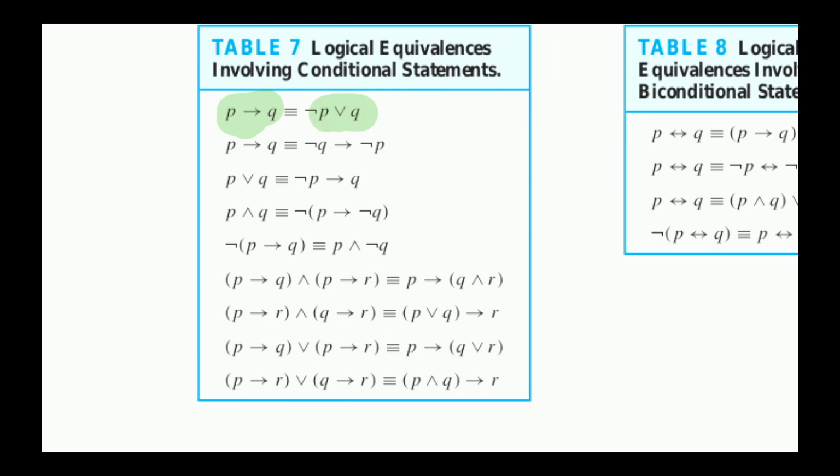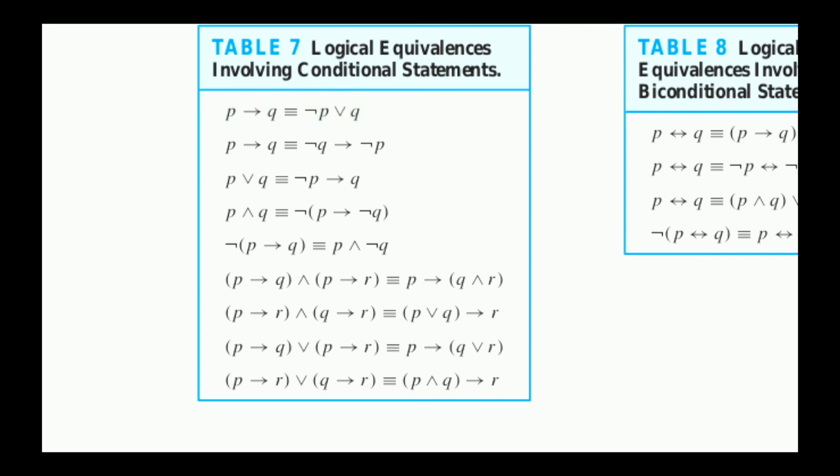So you can turn conditional statements into ands and ors, and of course you could go back the other way if you need to. And so that's what these are mostly about, is turning conditional statements like this into statements that don't have an if-then, they just have ands and ors. All right. So you can do that stuff.